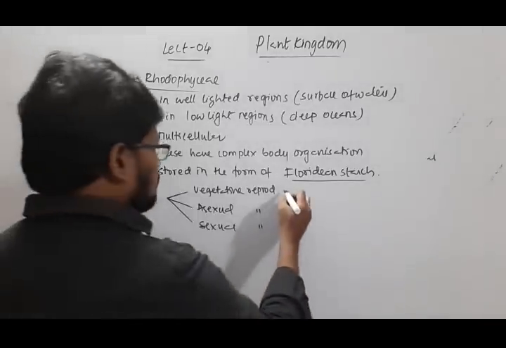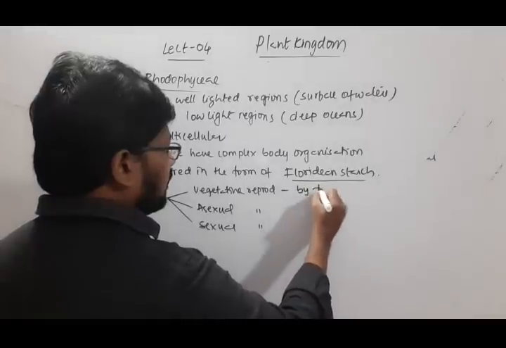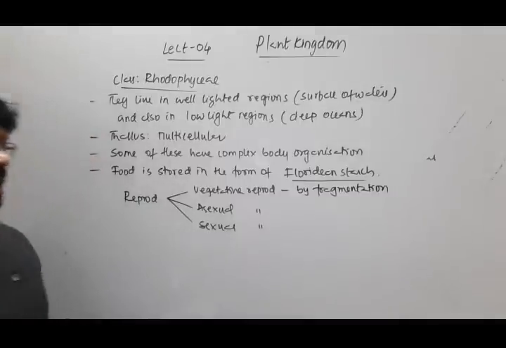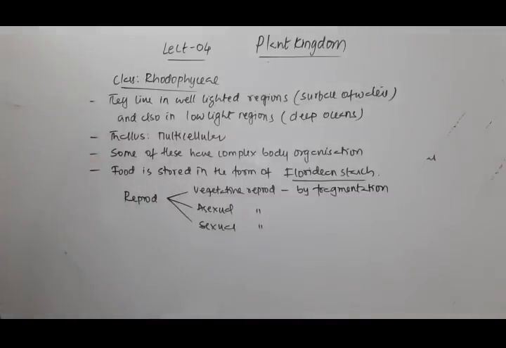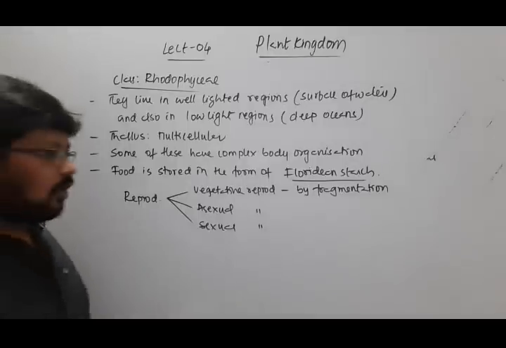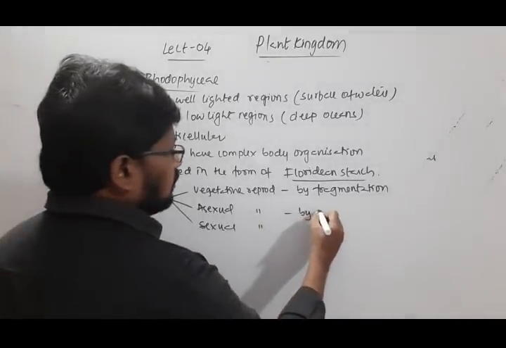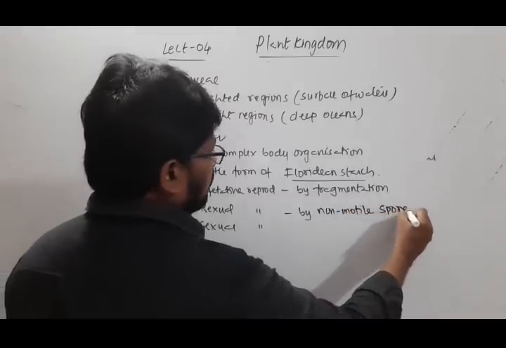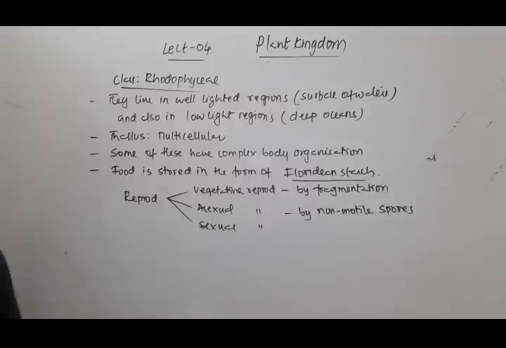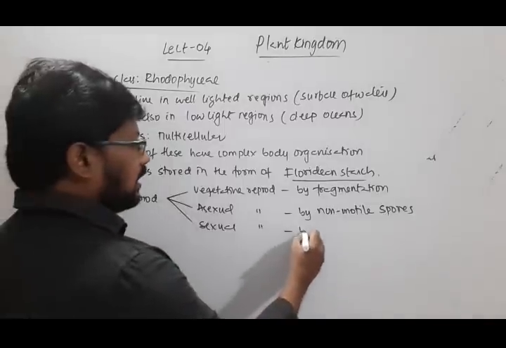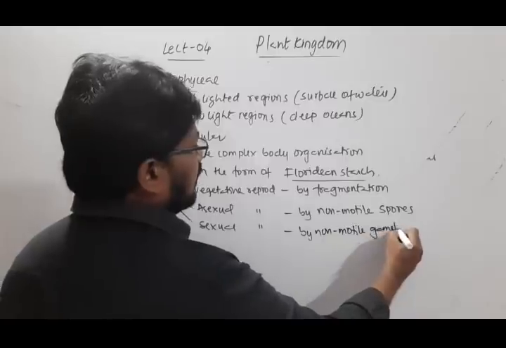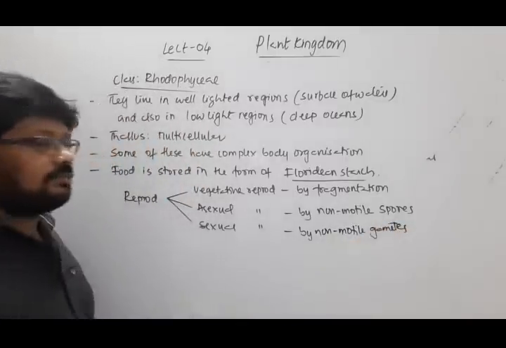The vegetative mode of reproduction is by fragmentation, whereas asexual reproduction is by the formation of non-motile spores, and sexual reproduction is by means of non-motile gametes.